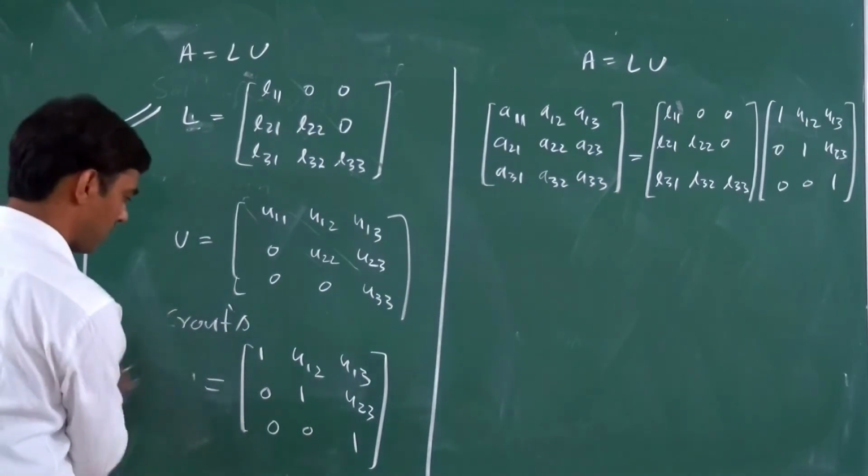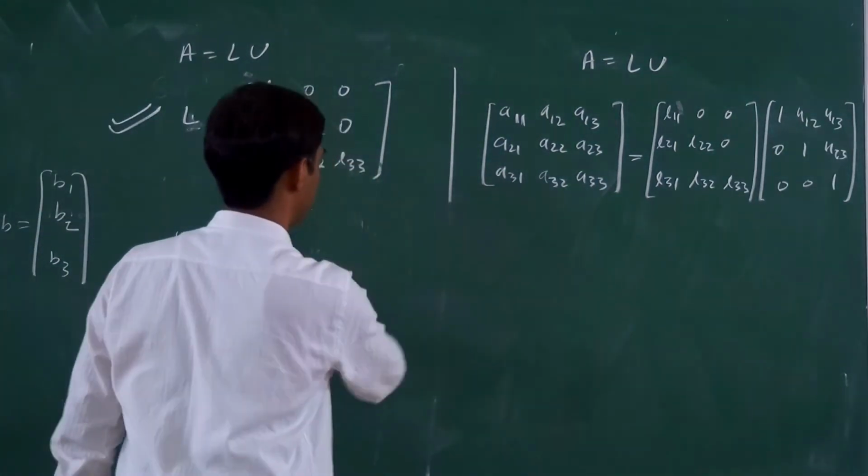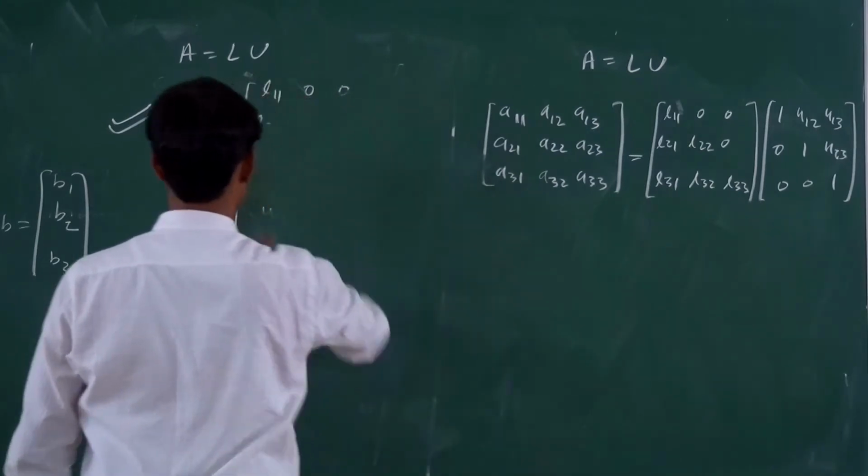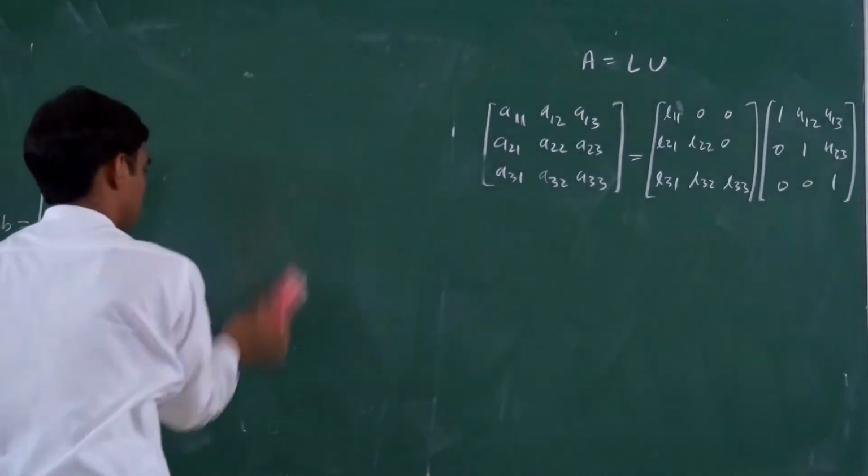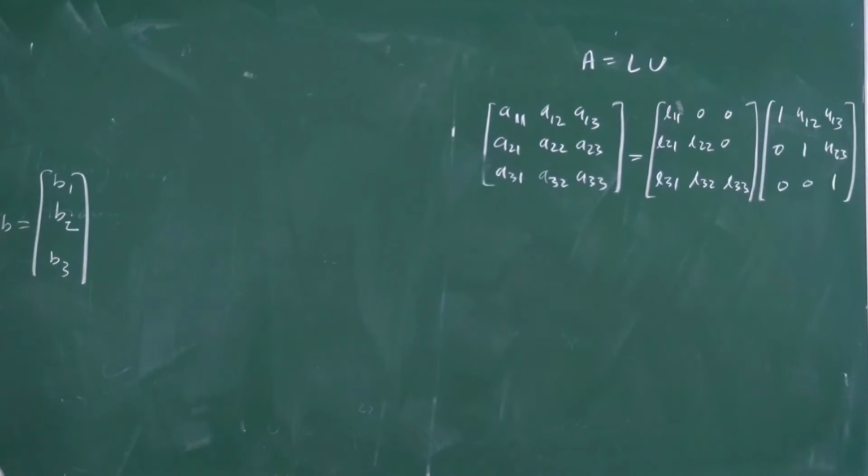If we multiply these, what is the result? And compare the elements of the left-hand side and right-hand side.